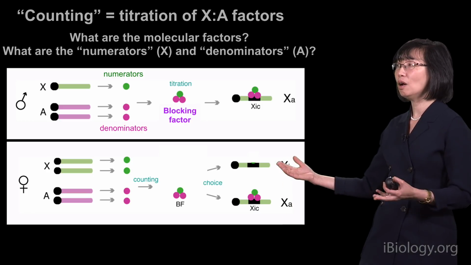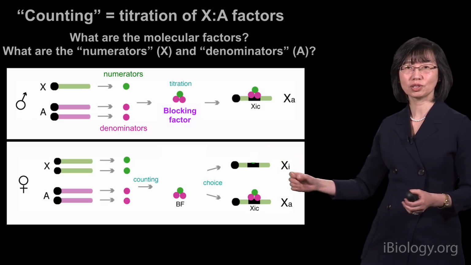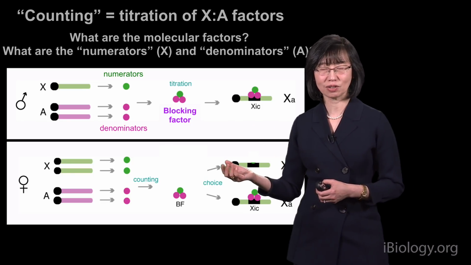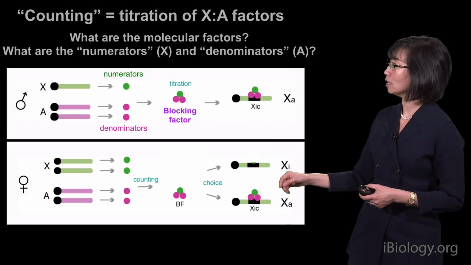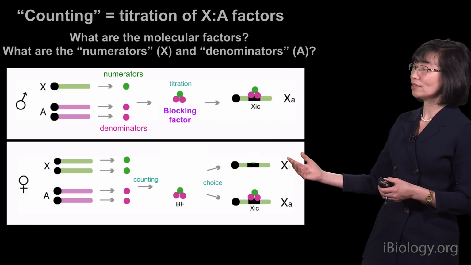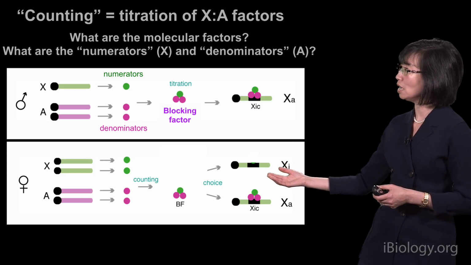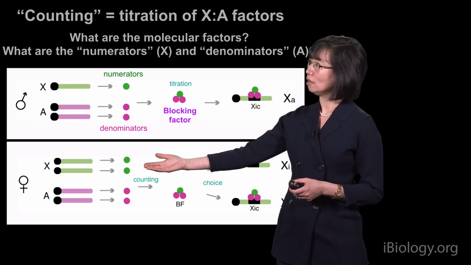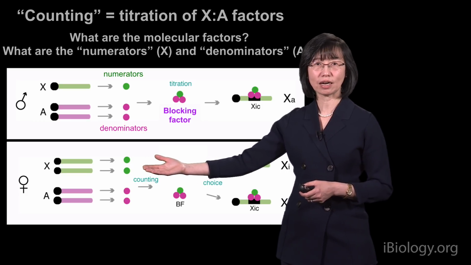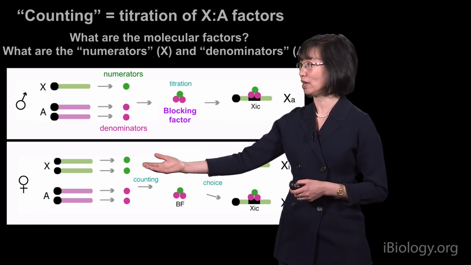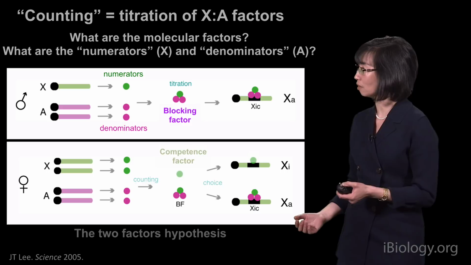And we mentioned that one hypothesis is that the remaining X chromosomes would then undergo an inactivation by default. So that's certainly one viable viewpoint. However, we favor the idea that there is a purposeful inactivation, not something that happens by default, because in fact, the female produces an extra copy of these green factors, since she has 1 extra X chromosome, and that green factor is not titrated by the blocking factor.